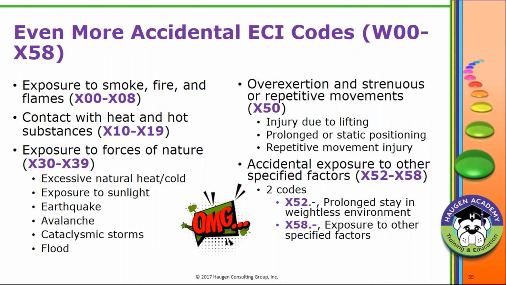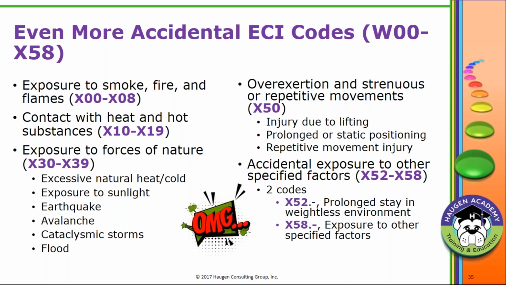Even more accidental ECI codes. It's the W00s that extend into the X58s. And this includes exposure to smoke and fire and flames, contact with heat and hot substances, exposure to forces of nature, excessive heat and cold, earthquakes, avalanche, cataclysmic storms.